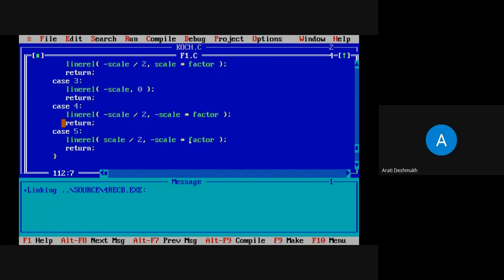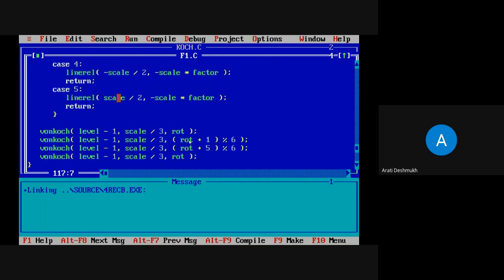With the line rel function, we directly divide the line like this. So we use minus scale divided by 2, and minus scale into factor. For level 1, we divide by 3. If there is a level 2, we again divide it by 3.